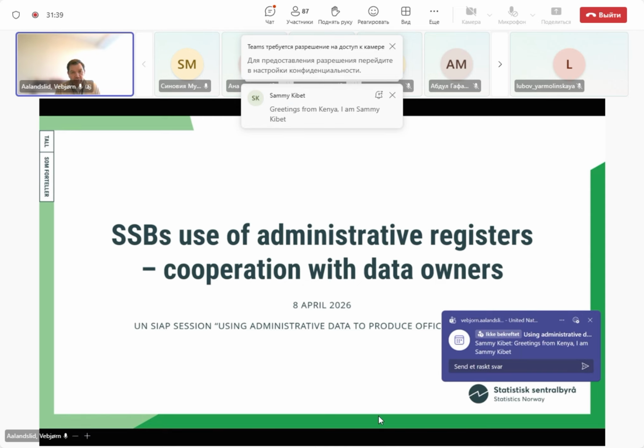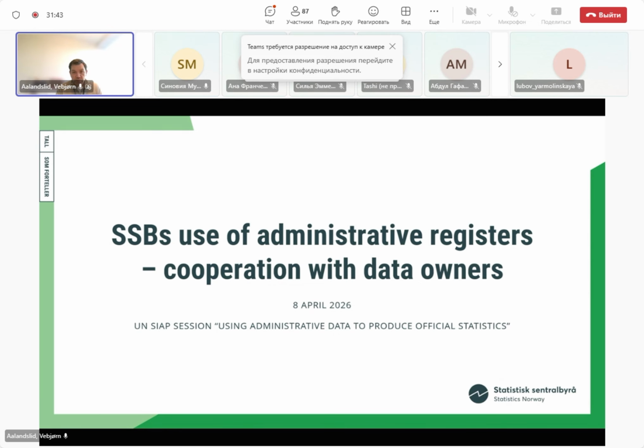Each country has to find its own pace and way of using administrative data for official statistics. But what I hope is that there are some lessons that you can also use in your national context.